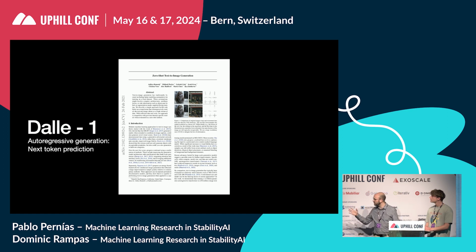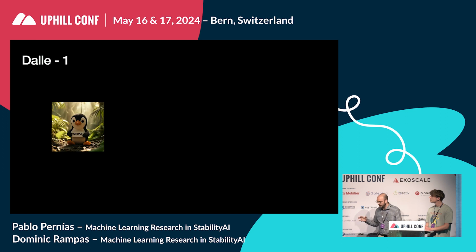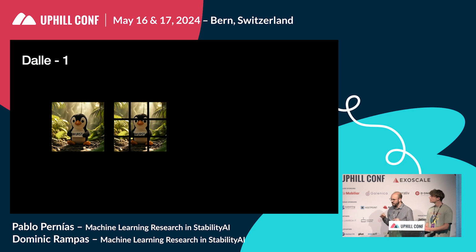But how do you do this on images, right? So you have to start with an image. How do you turn an image into some sort of text sequence where you can then try to predict the next word? You have to split the image into chunks, and we consider these chunks like words. If we have a large enough vocabulary of words, we can represent a very large majority of images.